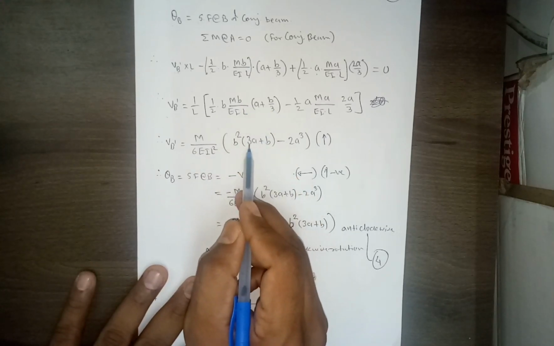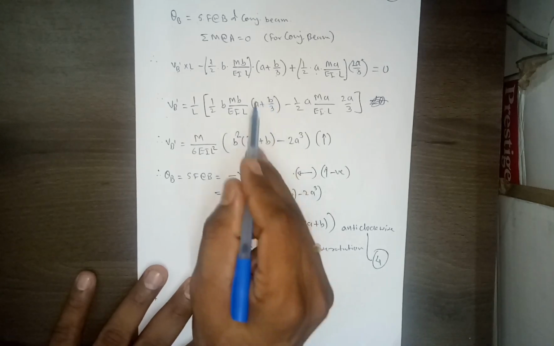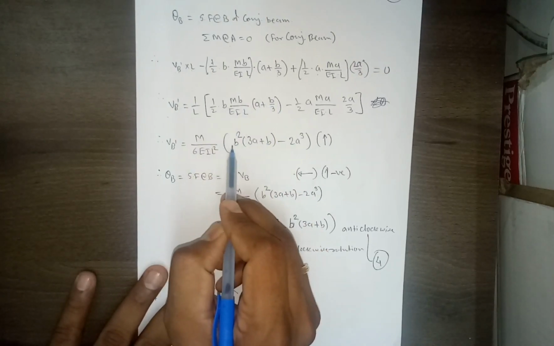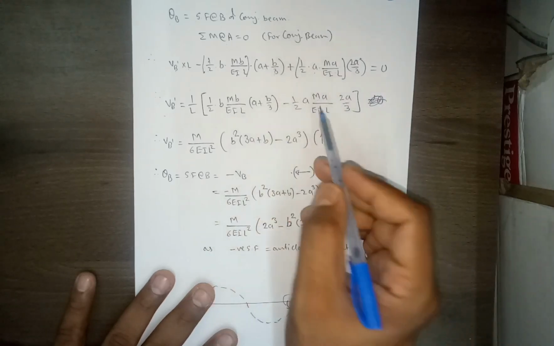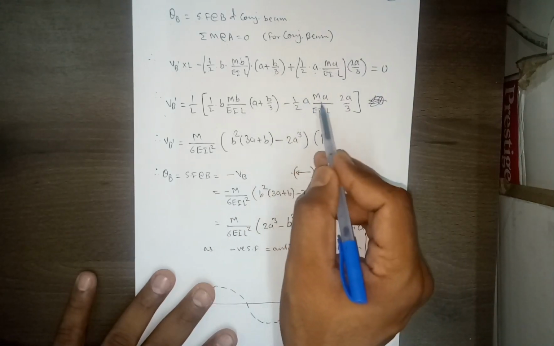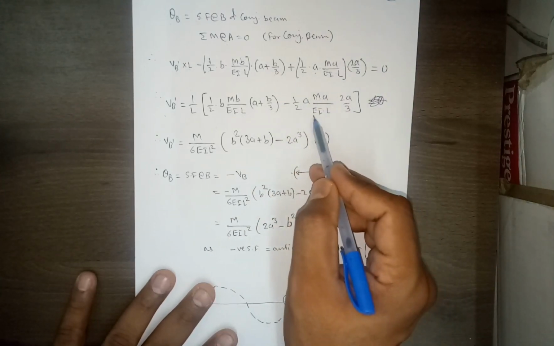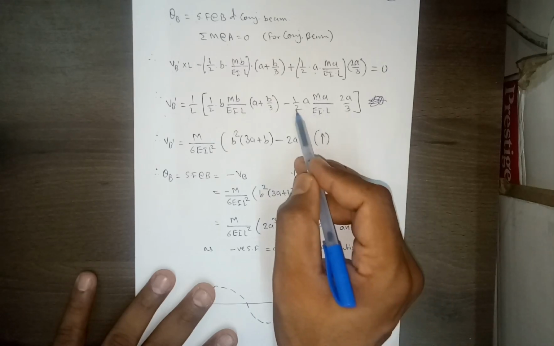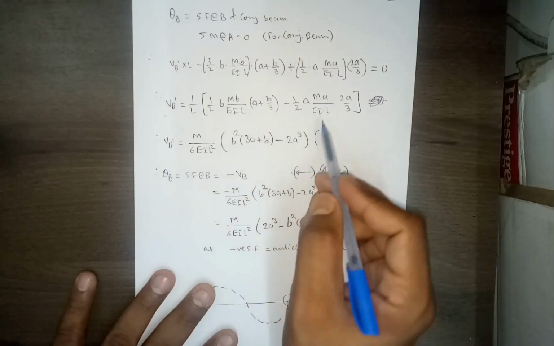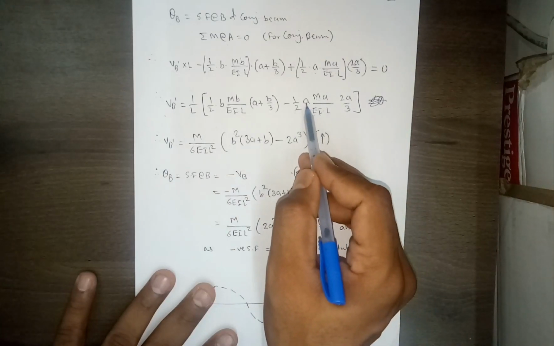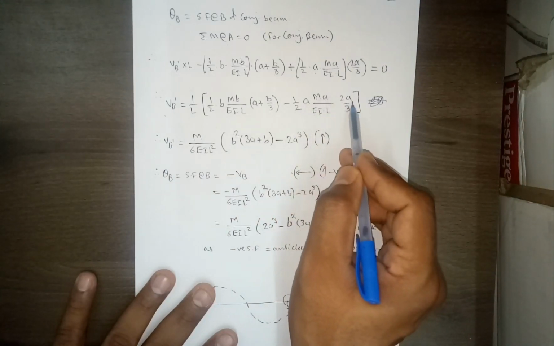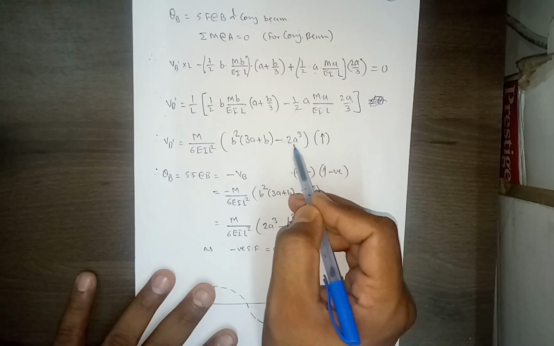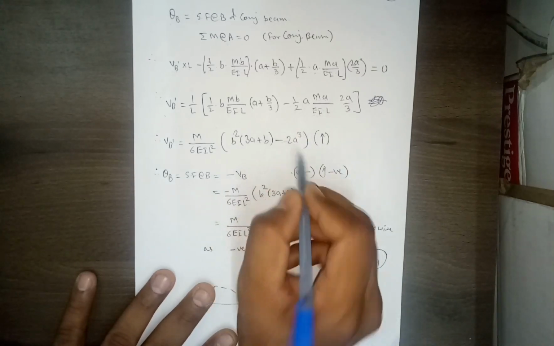That's how this becomes 3a plus b, this bracket, and this 2b becomes b square minus. Here we are taking M, E, I, L outside, and together the 6 outside. So what remains inside is a, and this 2a. So that's how it becomes 2a cube, right?